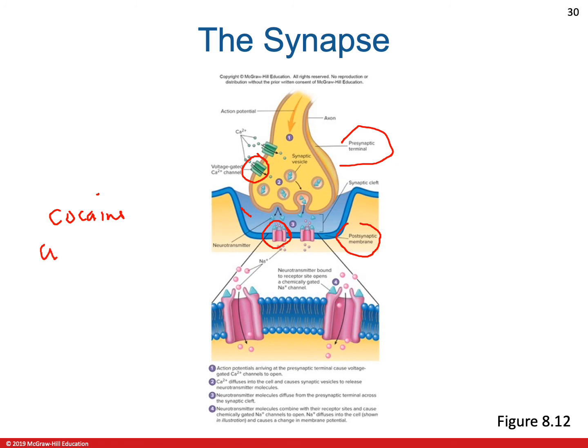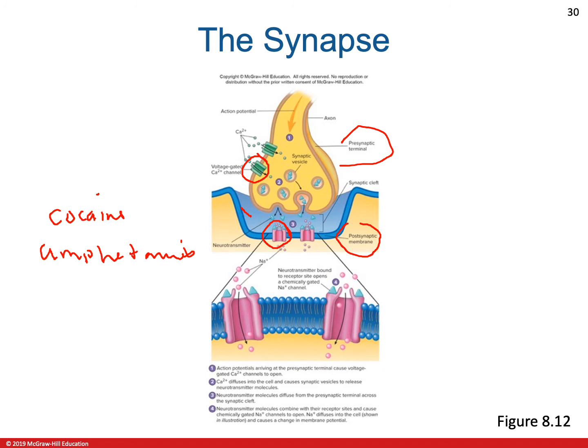Cocaine and your amphetamines increase the release and block the reuptake of norepinephrine. If there's no reuptake of your norepinephrine, meaning norepinephrine will stay a long time in the cleft, right? This results in overstimulation of the postsynaptic neurons and deleterious effects on the body.